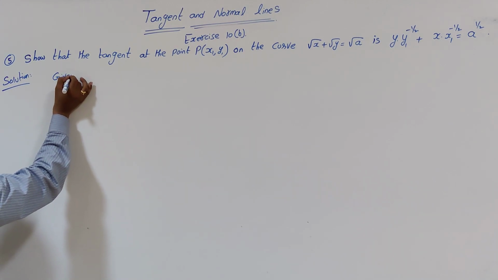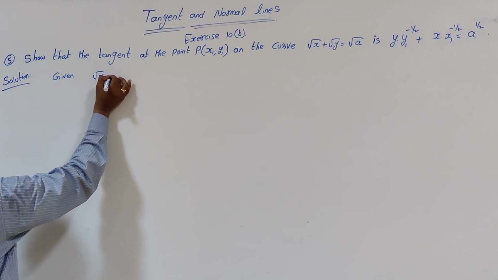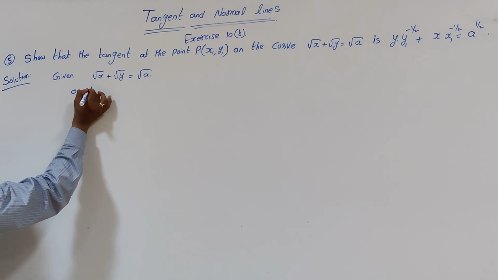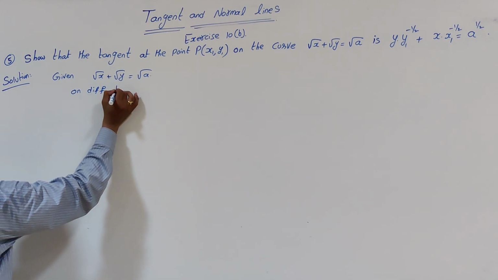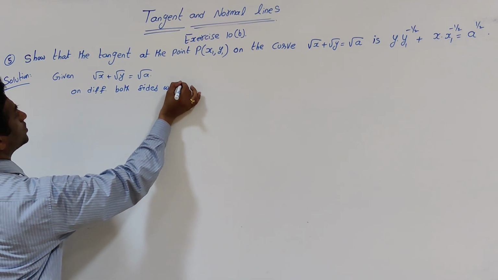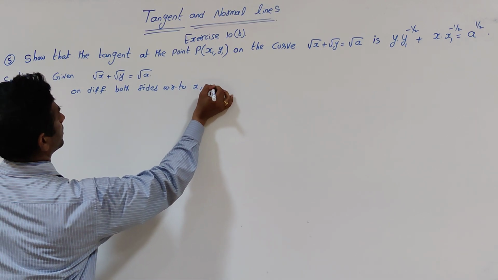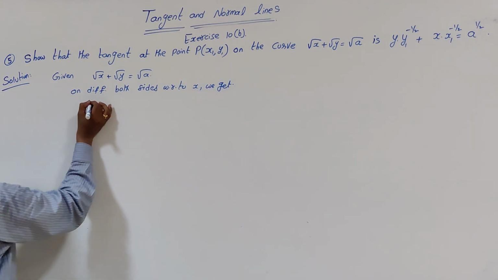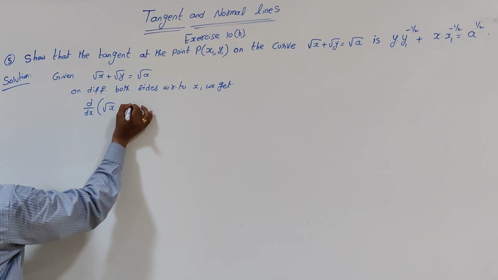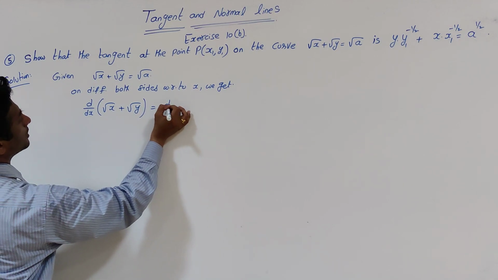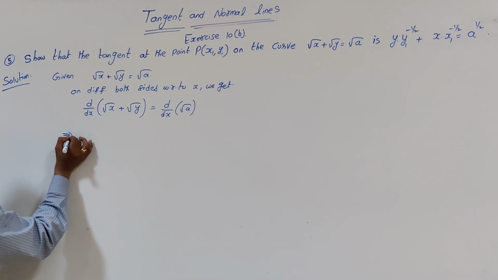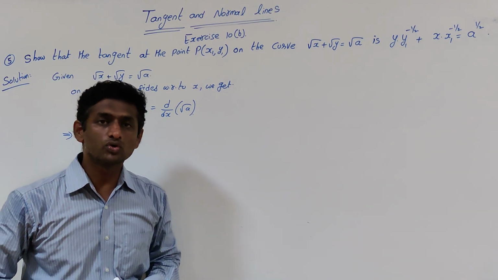Given root x plus root y equals root a, on differentiating both sides with respect to x, we get d/dx of (root x plus root y) equals d/dx of root a, which is a constant. Now, what is the derivative of root x?